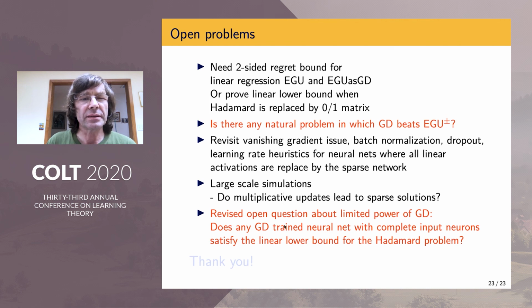Large-scale simulations, and the open question now goes like this: does any gradient descent neural network with complete input neurons, so when a neuron gets an input, it always gets all of them, not just a single one, as in our spindly network, does any gradient descent trained neural network of that type, we conjecture it cannot crack the Hadamard problem. Thank you.